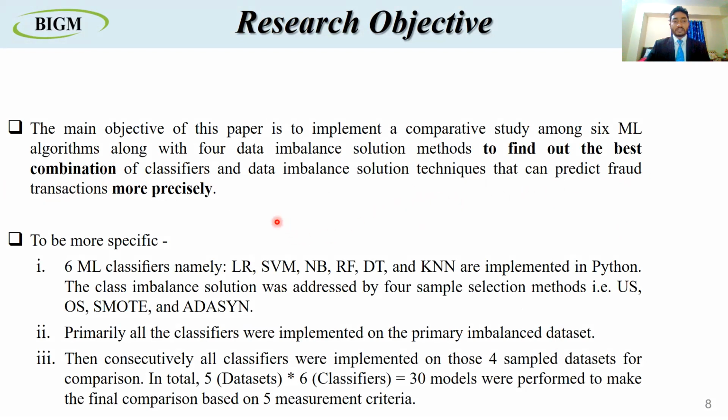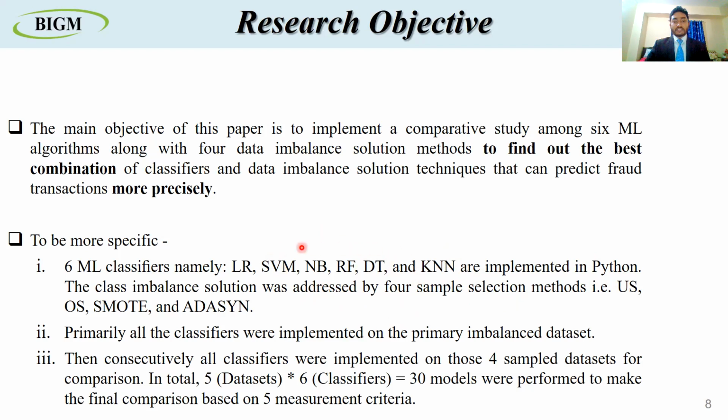To be more specific, we have used 6 machine learning classifiers such as logistic regression, support vector machine, naive Bayes, random forest, decision tree, and K nearest neighbor, which are implemented in Python. The class imbalance solution was addressed by 4 sample selection methods, such as undersample, oversample, SMOTE, and ADASYN.